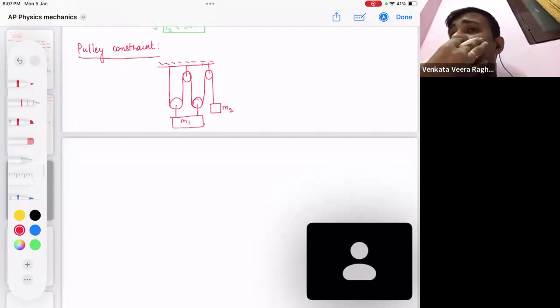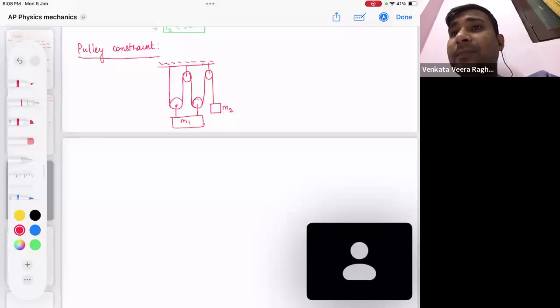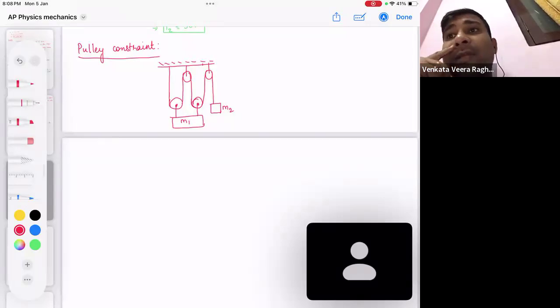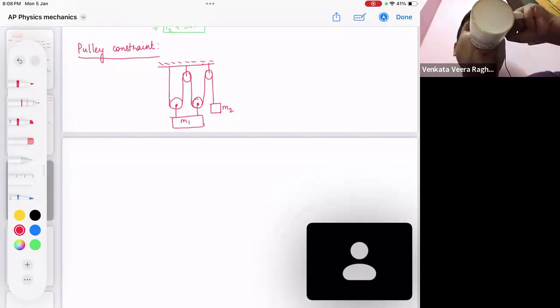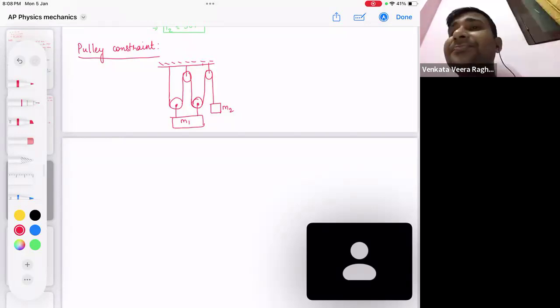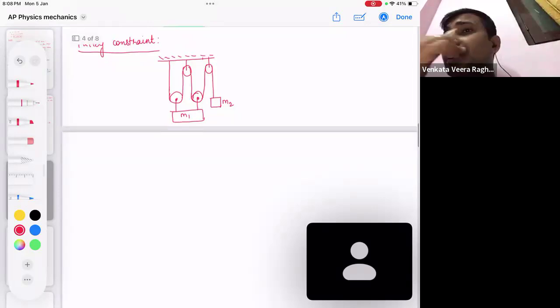Now if you see these two blocks, they are connected with the help of a string, but are they connected with the same string? Look at M1 and M2. Are they going to have the same acceleration? In this question, M1 and M2 are not going to have the same acceleration.